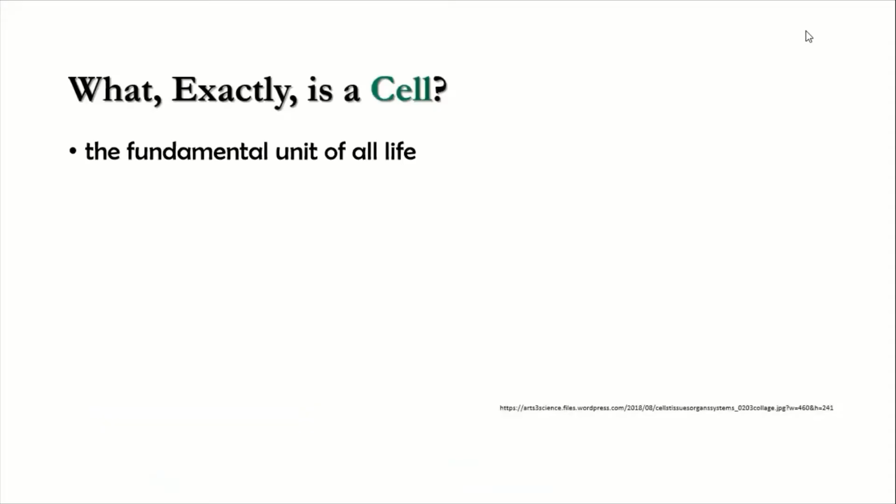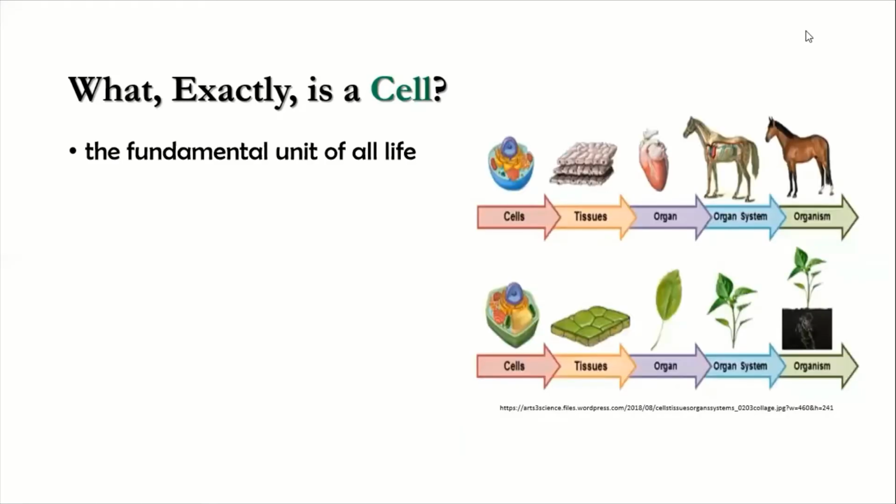Okay. Now, what exactly is a cell? As we mentioned a while ago, the cell is the fundamental unit of all life. Okay? So when you put your cells together, again, you would form your tissues. And once you have different tissues together, they could form an organ. And once you put your different organs together, each organ would have a different function. Collectively, they could form an organ system, which would have a general function again, and you would now form an organism.